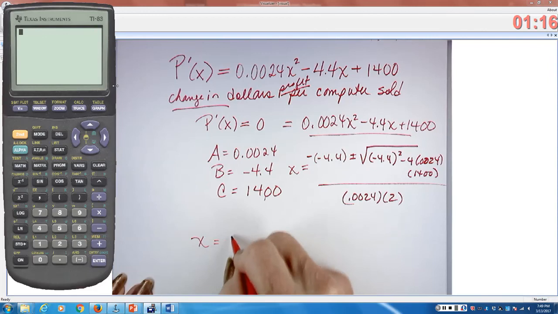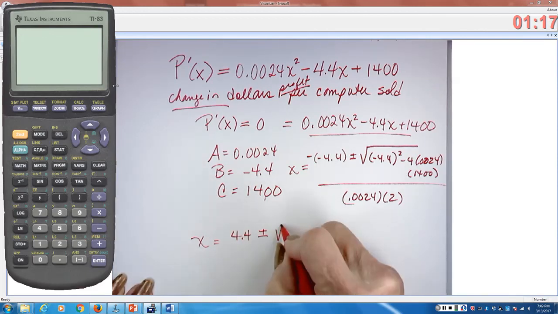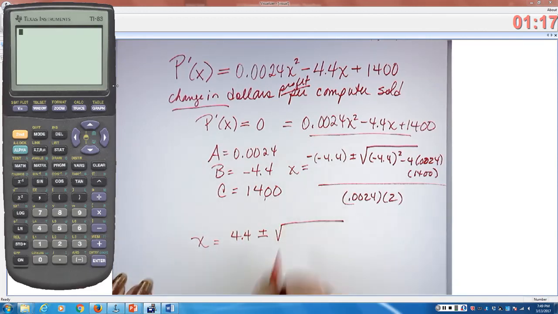So X equals positive 4.4 plus or minus the square root of something that I'm going to calculate in a minute, divided by 0.0048. I can do that much in my head.